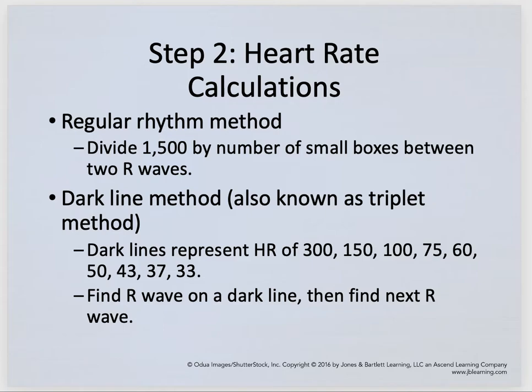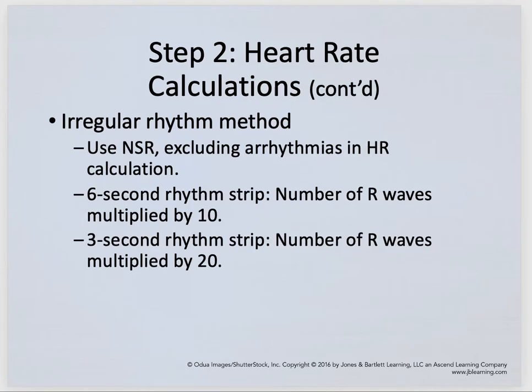So you count every bold box as 300, the next bold box would be 150, the next bold box would be 100, and you just keep counting until you see the very next spike, the next R wave on the paper. We call that the triplet method, or the dark line method is the other one it's commonly called.